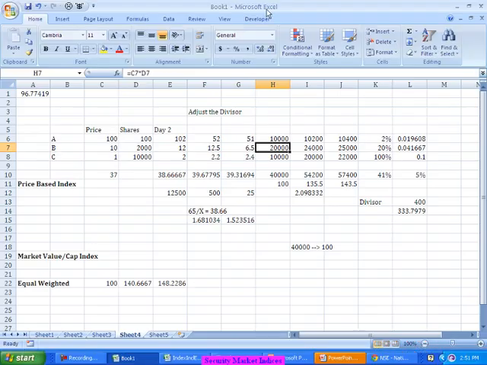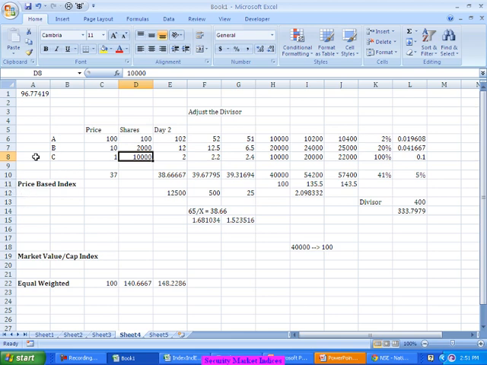See, in the market capitalization, we got these numbers, right? But out of this, some proportion of the shares are never freely traded.